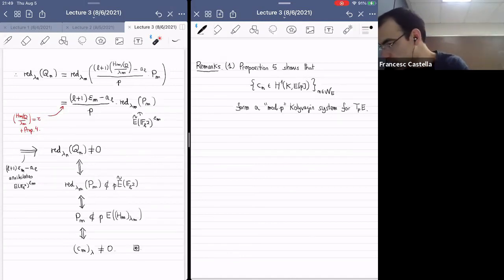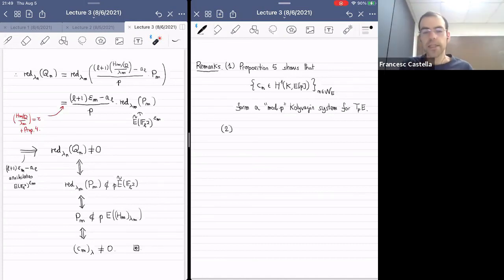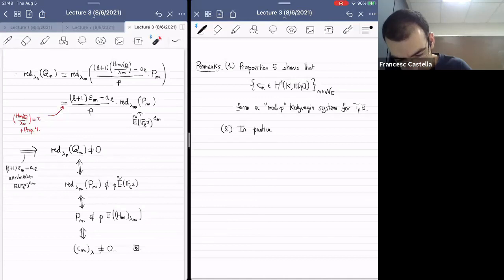Okay, and the second remark is, again, let's look at the case of n equal to 1. So in particular, T_p of E is a p-adic model. Okay, so taking m equal to 1 in the proposition, we get the following.